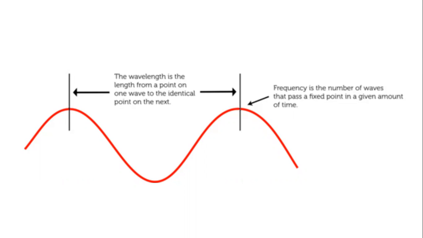Wavelengths of electromagnetic waves range from longer than a soccer field to shorter than the diameter of an atom. Wave frequency is the number of waves that pass a fixed point in a given amount of time. Frequencies of electromagnetic waves range from thousands of waves per second to trillions of waves per second.